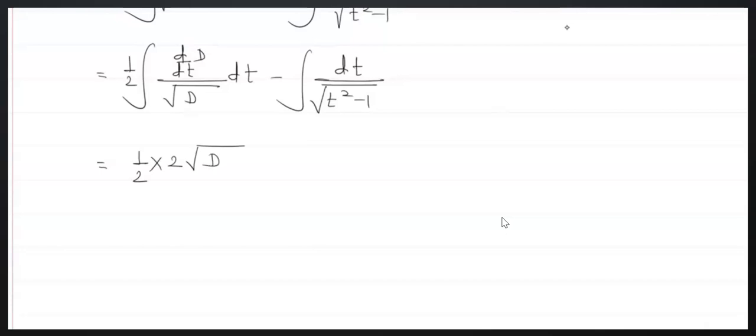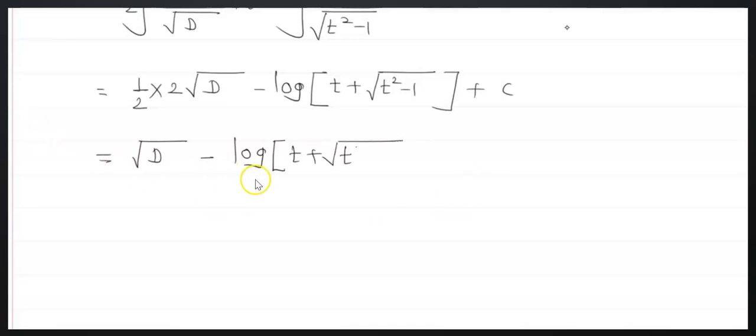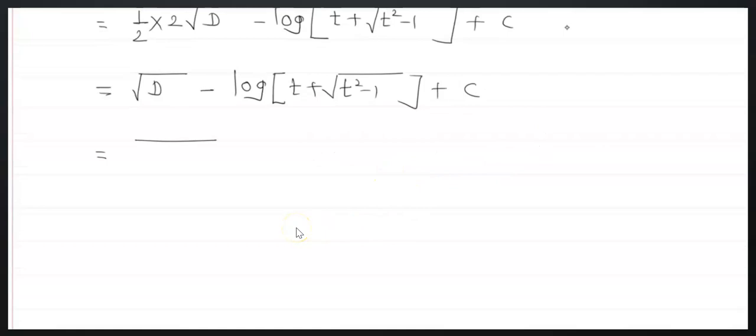Separate this. Therefore, 1 upon 2 into 2 root of the denominator minus log of t plus root of t square minus 1 plus c, since the integral of this is very simple. Now the 2 gets cancelled, you will get root of the denominator minus log of t plus root of t square minus 1 plus c.